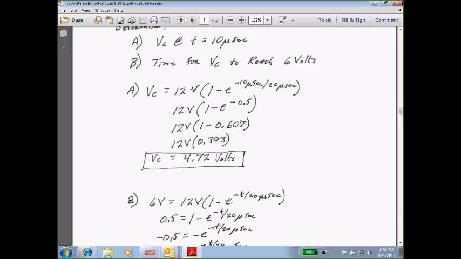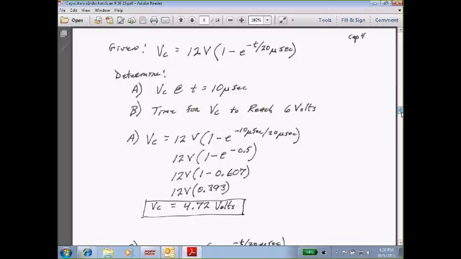VC is equal to 12 volts times 1 minus e to the minus 10 microseconds over 20 microseconds, and that would be e raised to the 0.5. Again, 0.607. Here we've got 0.293. We come out with a total of 4.72 volts for part A.